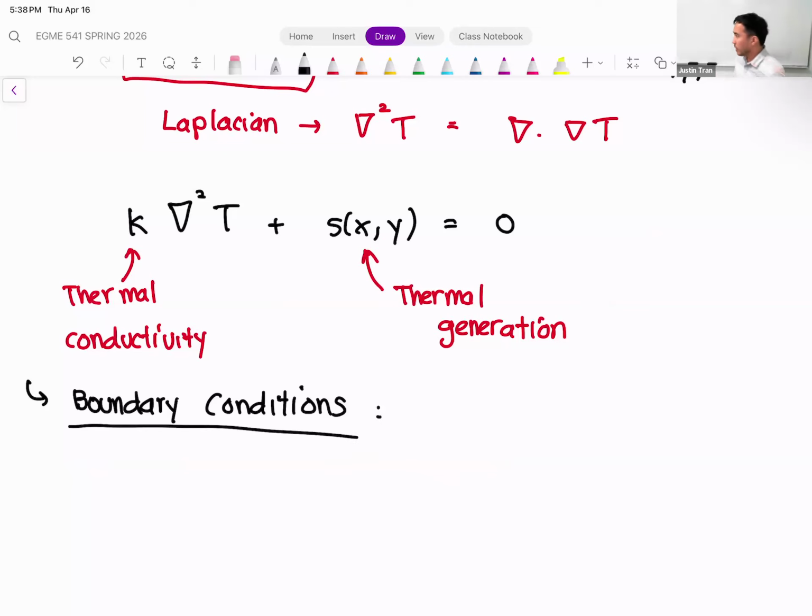Just like in the one-dimensional problems that we've looked at, there are two types of boundary conditions. The first type are the Dirichlet boundary conditions, which have the same definition. Dirichlet boundary conditions directly specify the value of the solution at the boundary, which in this case, since our solution is the temperature field, means directly specifying the temperature at the boundary.